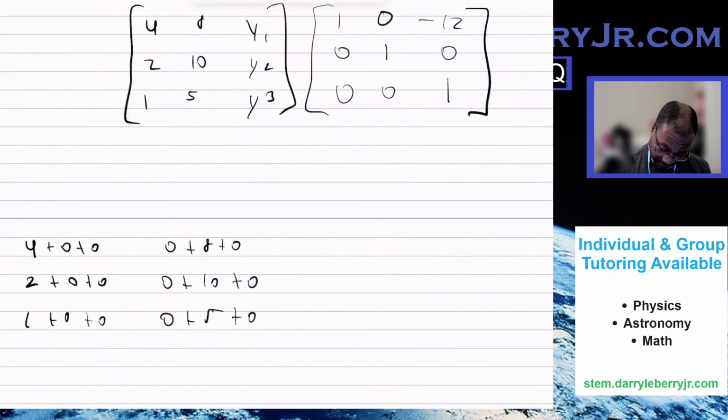And then I have next 48 plus 0 plus y1, negative 24 plus 0 plus y2, negative 12 plus 0 plus y3.